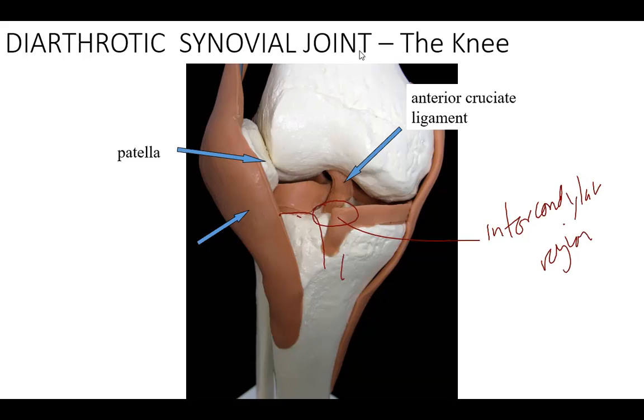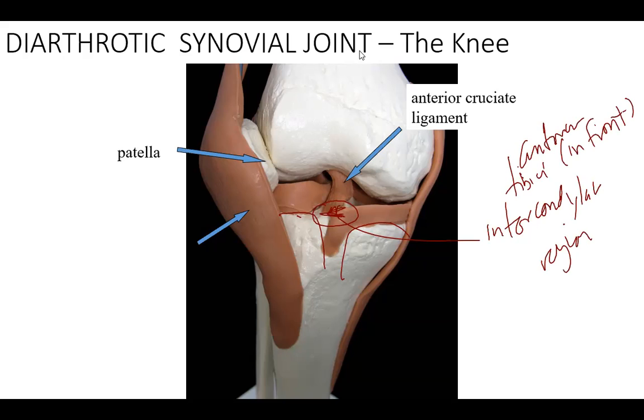This is a condyle and that's a condyle on the tibia. The tibial anterior, anterior meaning in front, and the tibial anterior intercondylar region, right here in the front of the tibia, between the two condyles. That's where it connects in the front.